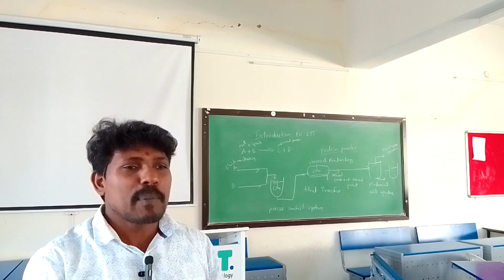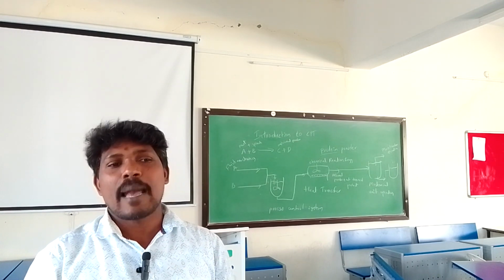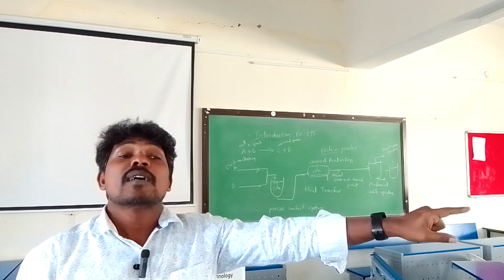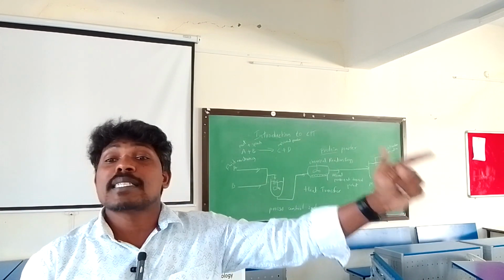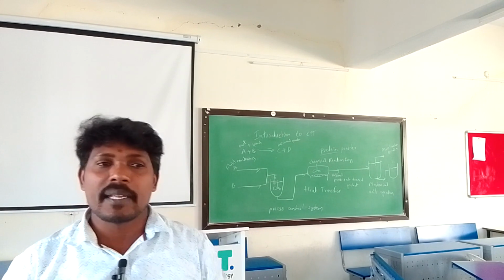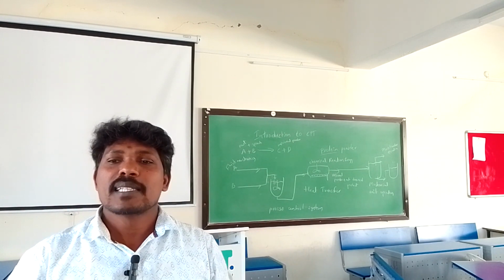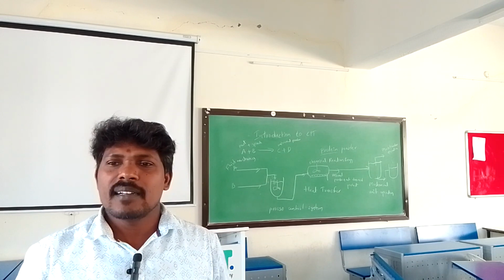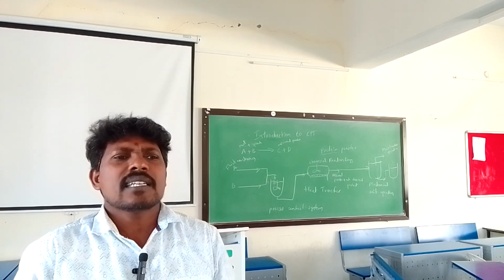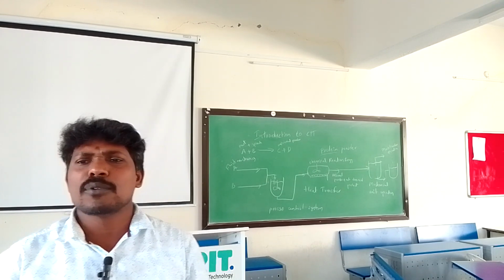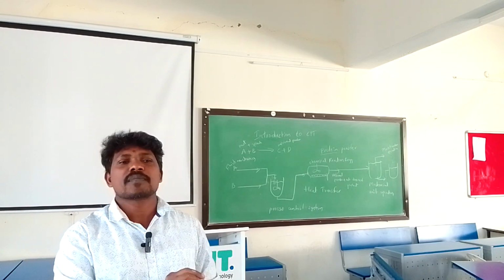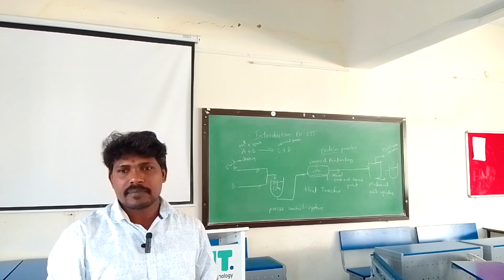But thermodynamics explains this: why this is happening and why this is not happening. Why only one process happens in a particular direction, and why the reverse is not happening. Previously everyone said we don't know the reason behind this. But thermodynamics explains clearly that because of this reason the reverse process is not happening.